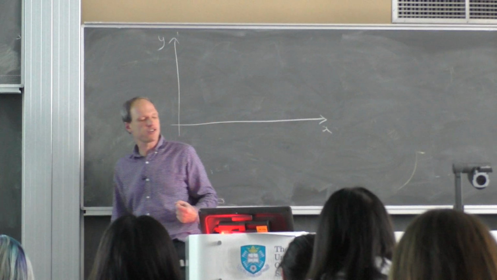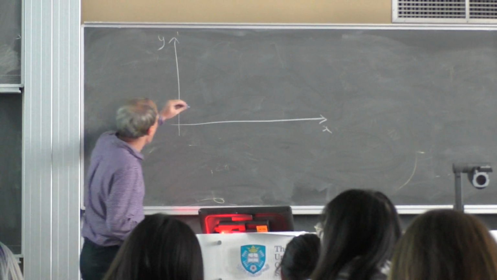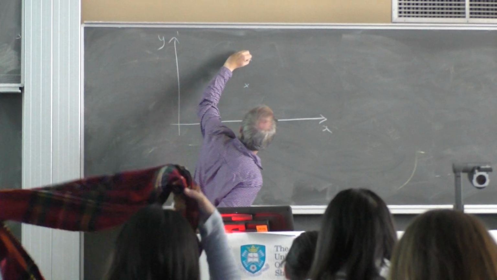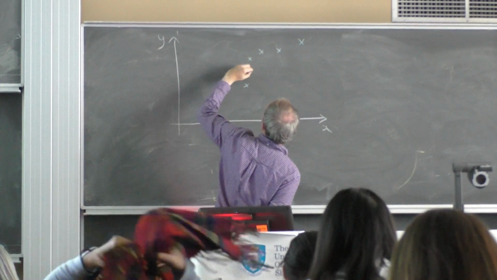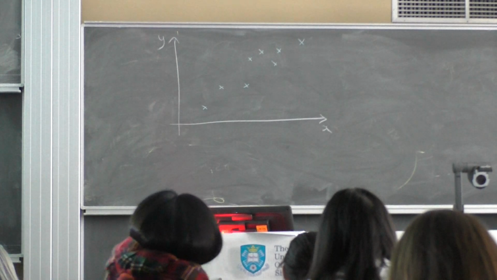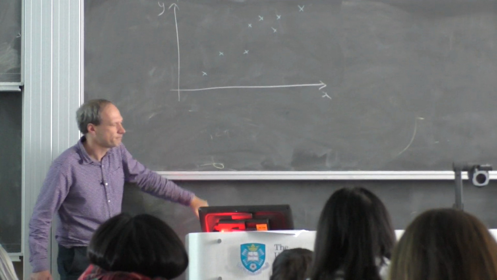So what we're interested in is how does the x variable influence the value of the y variable. And so we might have some points, and let's say they look something like this. There, something like that. So we get a set of points and we can plot them in an xy plane.